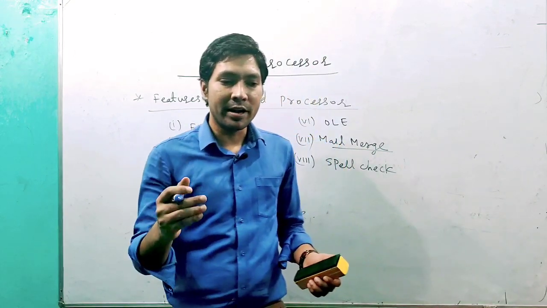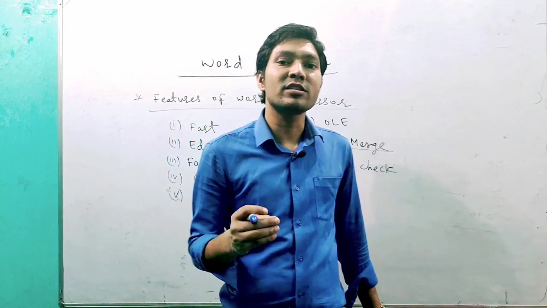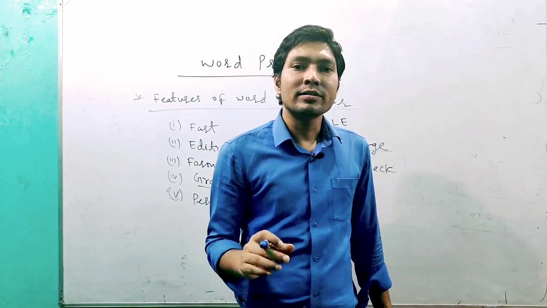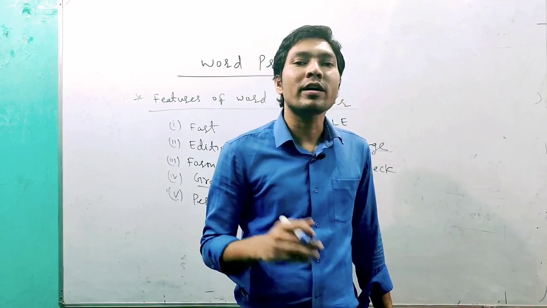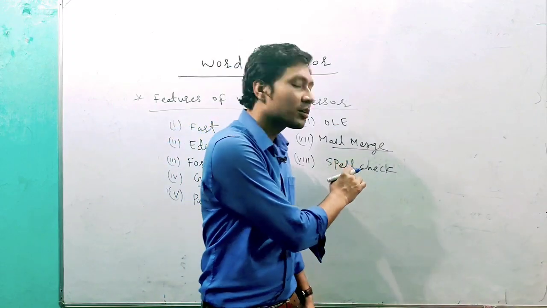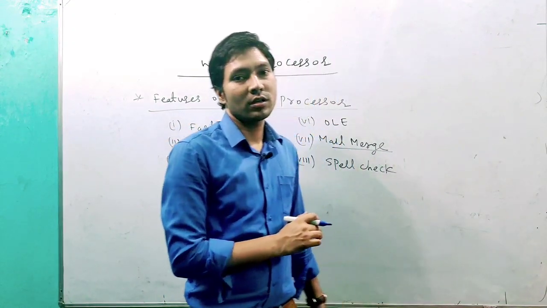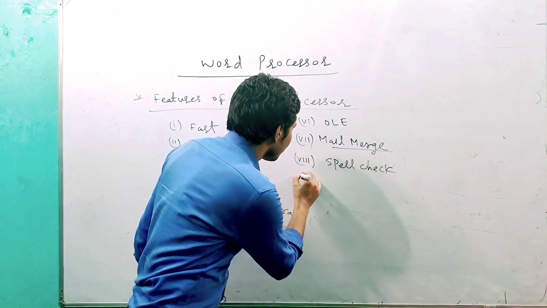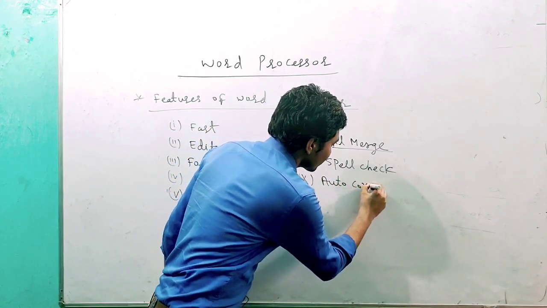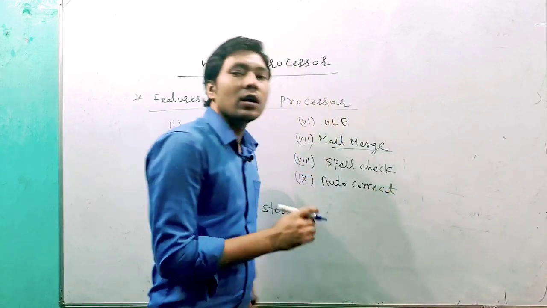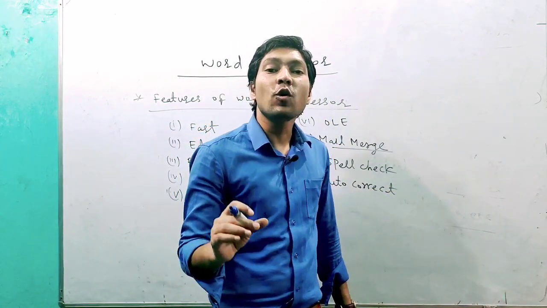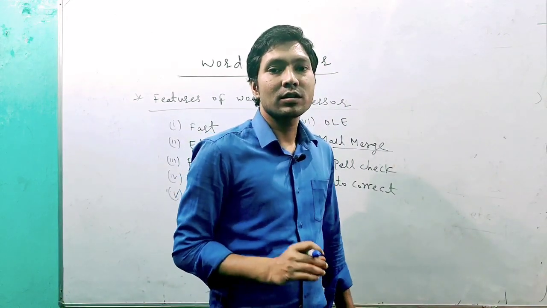If you have made any grammatical mistake or written an incorrect word, then it can be rectified or corrected by using the spell check feature of a word processor. The next one is autocorrect. It automatically corrects your common errors.